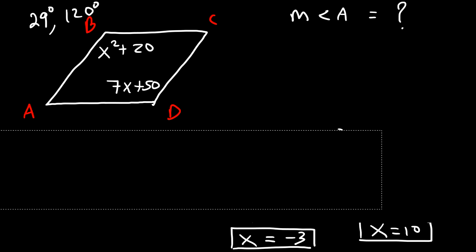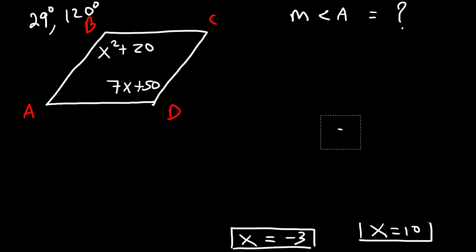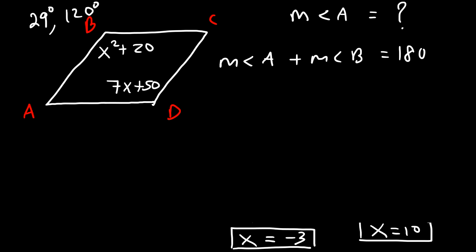So now we can find the possible answers for angle A. Keep in mind that A and B are supplementary. So the measure of A plus the measure of B has to add up to 180. So let's calculate A if B is 29.